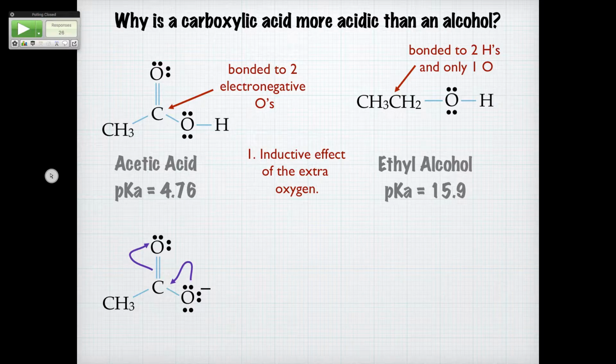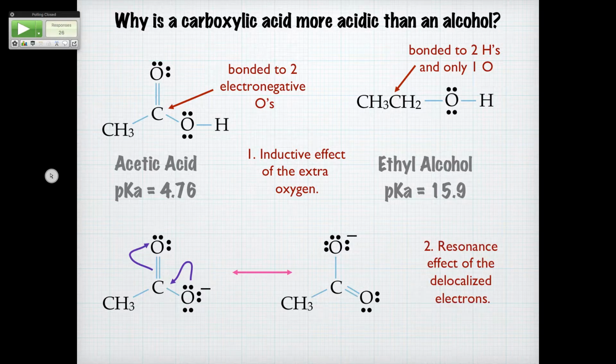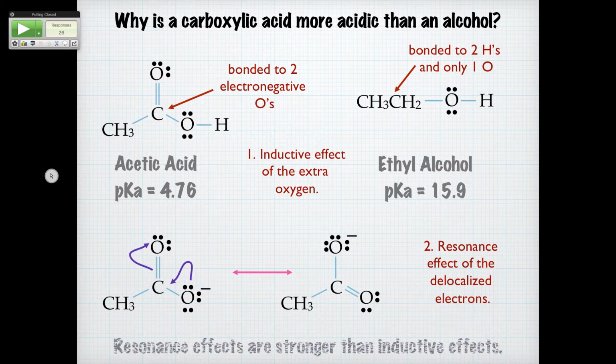Resonance. This conjugate base is stabilized by resonance. Because of that, they're more acidic, because resonance effects are stronger than inductive effects, like a ton. If there's resonance, that's super stable.